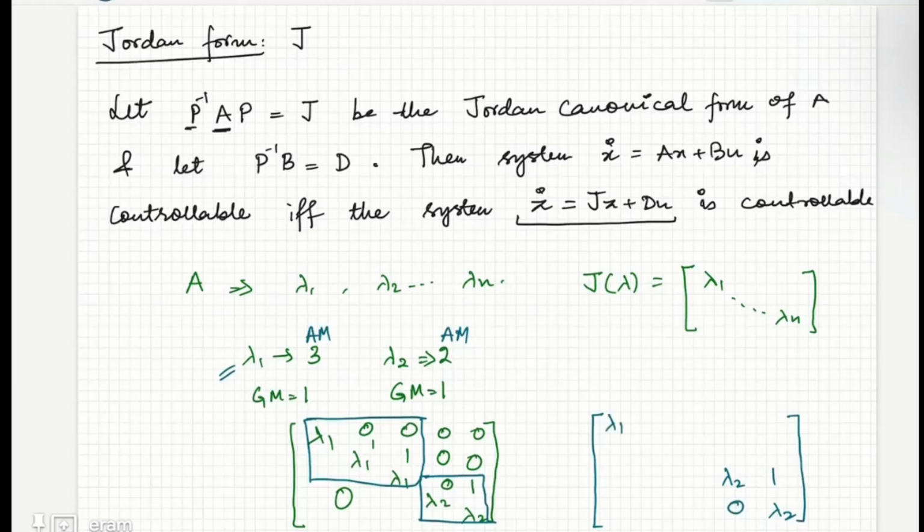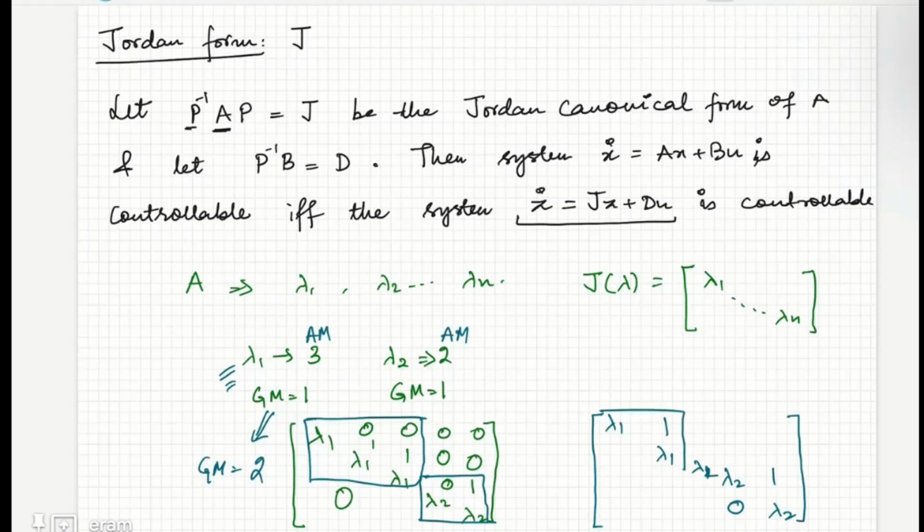And for lambda 1, since we have geometric multiplicity of 2, we will have two Jordan blocks corresponding to lambda 1.